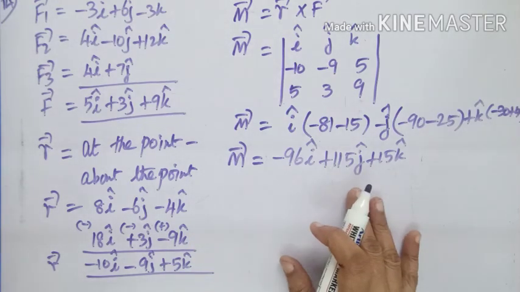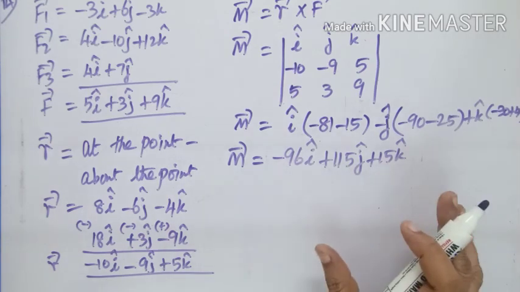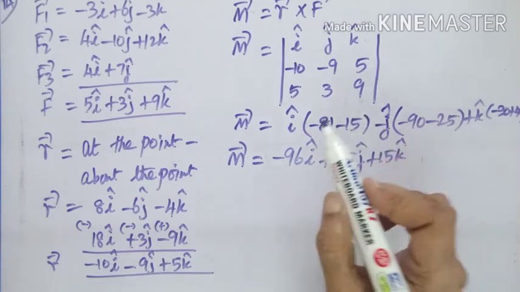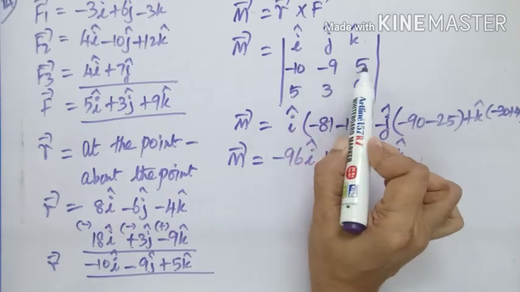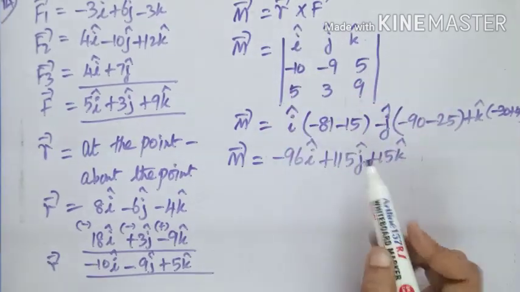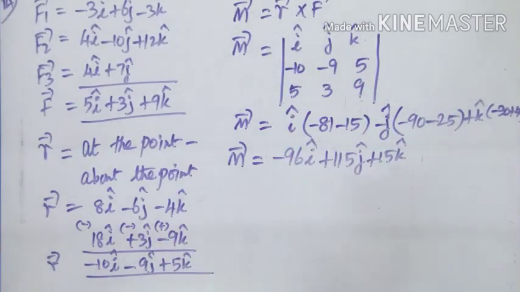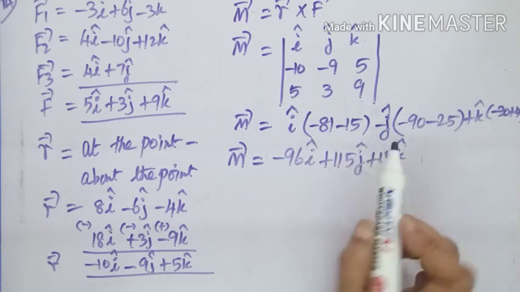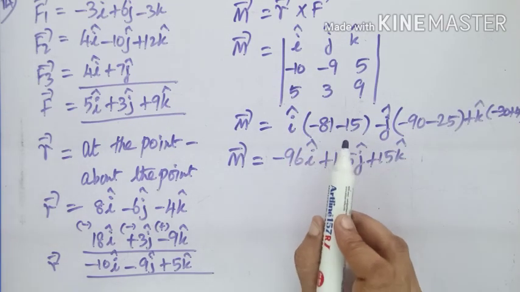Try practicing the problems. The most committed mistake, students change the order. So be careful. First I must write R and then only F. So R cross F only is asked in moments. The direction is very important. So see that you don't commit any mistake. And in work done, it is only dot product.